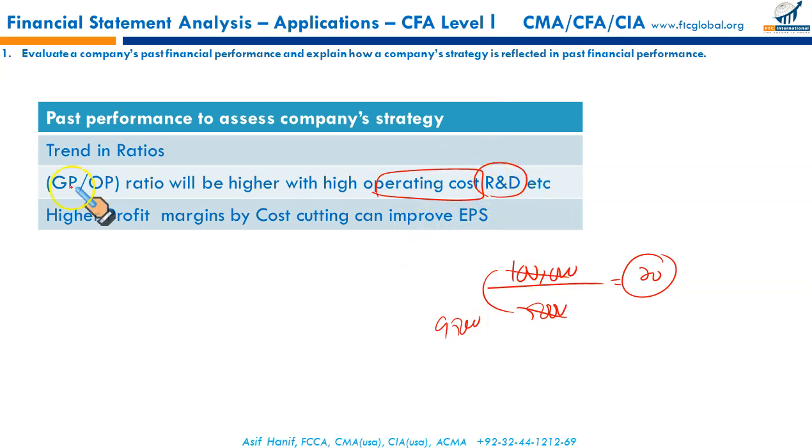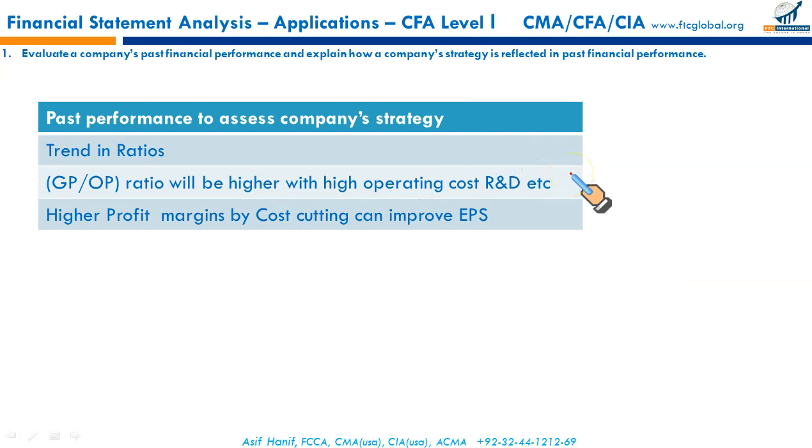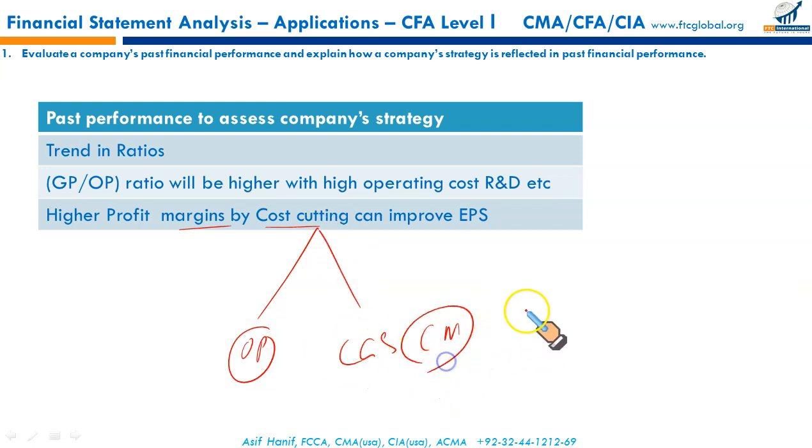So the gap between your operating and gross profit could represent a larger operating cost structure or probably research and development. Higher profit margins could be attained by cost cutting, and this cost could be cut in operating level, marketing, distribution, or maybe the cost of goods sold or cost of manufacturing through reducing your direct material, direct labor, variable overheads, fixed overheads.